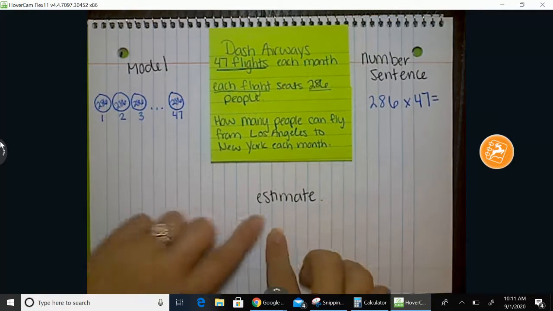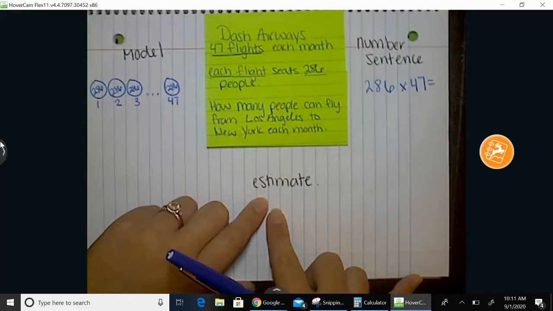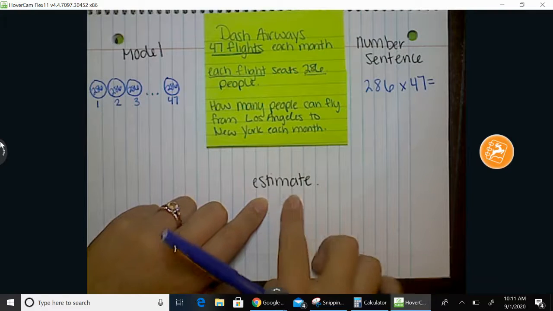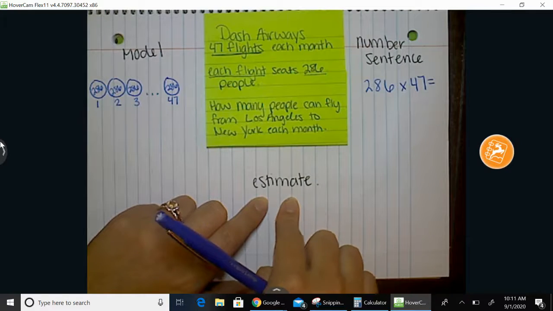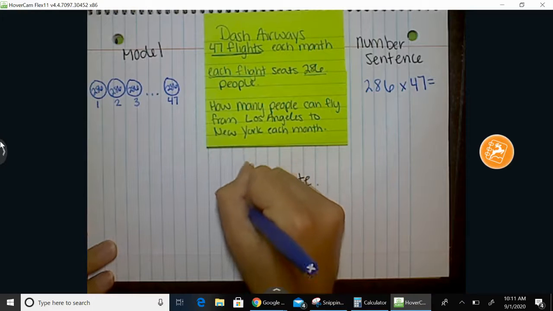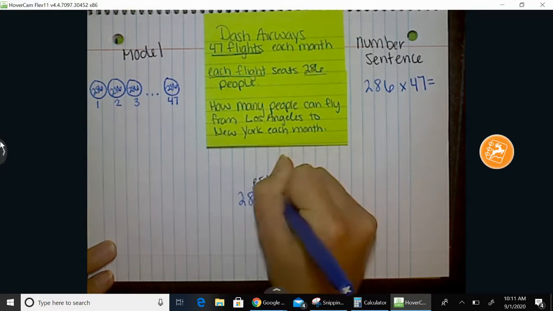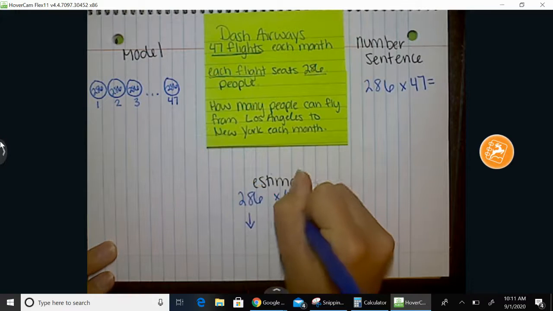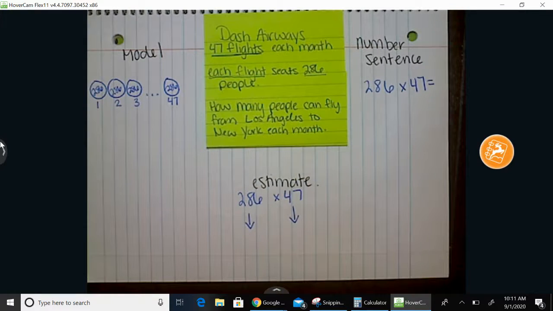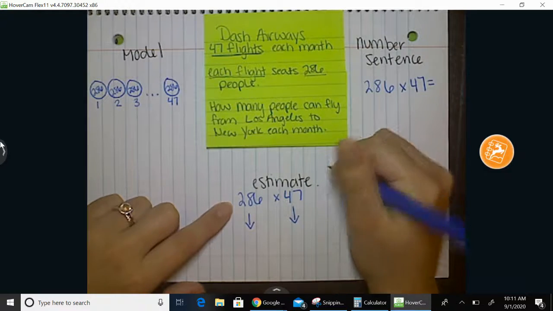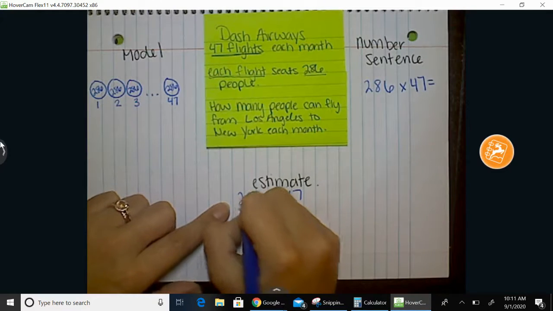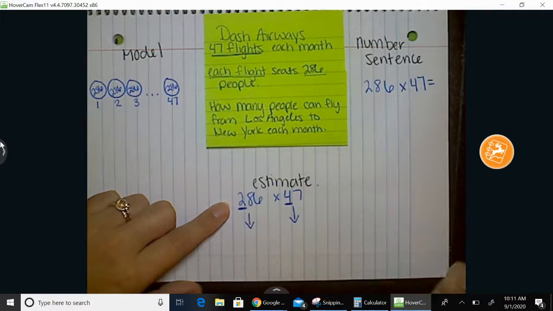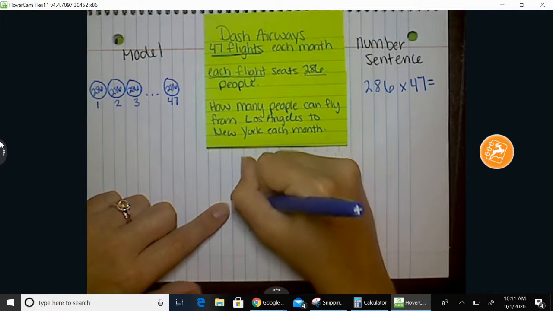So to make sure that I am getting close to what my answer should be, I am going to estimate. So I'm going to rewrite, I have 286 times 47. And let's see what these numbers can turn into to make it easier. I'm going to use front end estimation, which means I'm going to underline the front number and circle what's behind it.